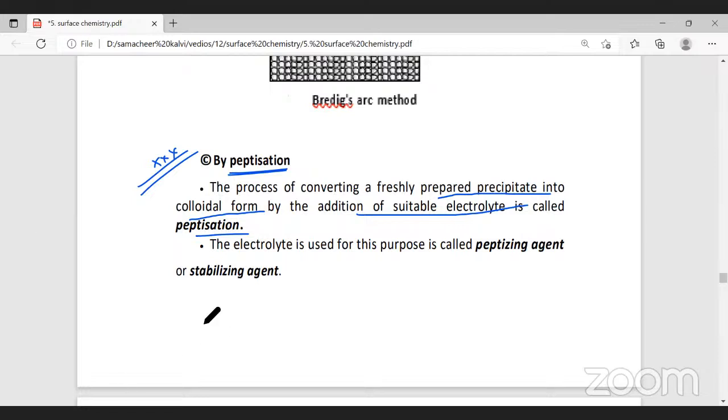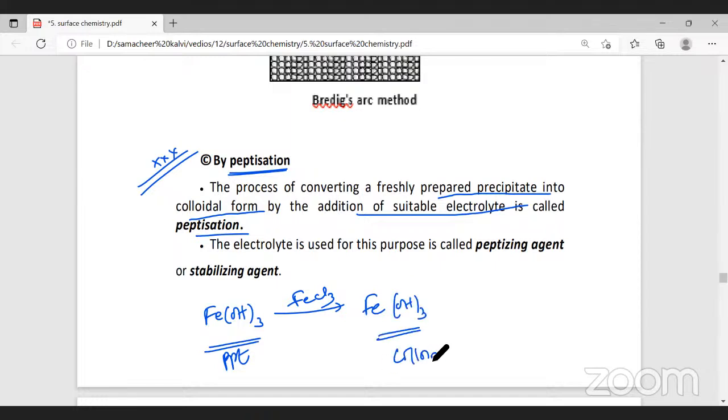For an example, if you take ferric hydroxide precipitate, this is a freshly prepared precipitate. To this, we add the electrolyte ferric chloride and mix it. So this precipitate will give colloidal size particles, and you will get ferric hydroxide colloid.